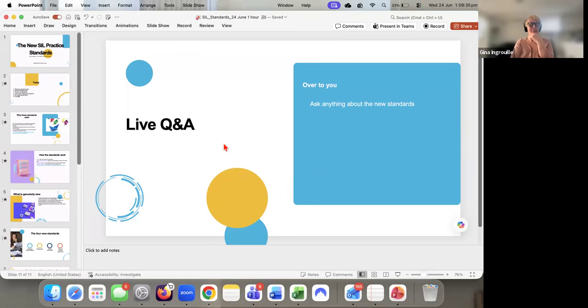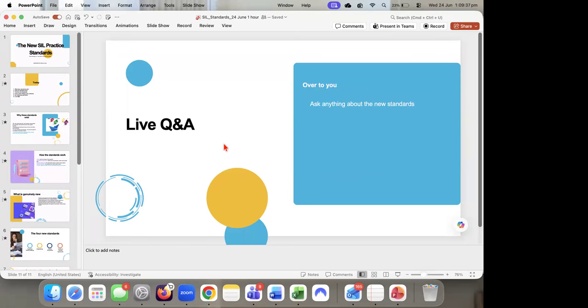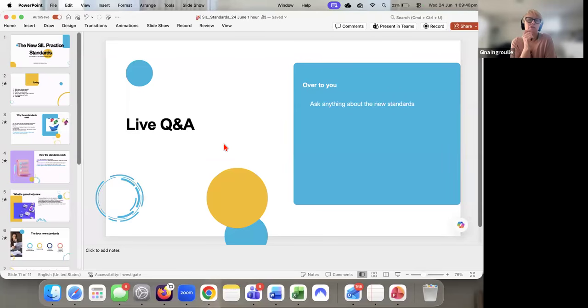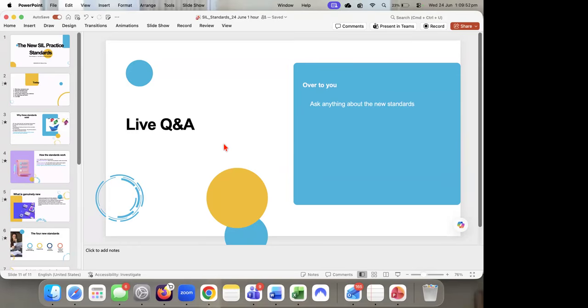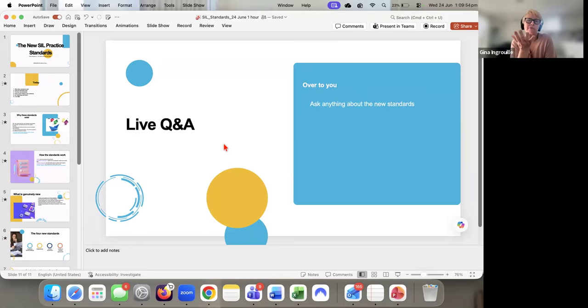Hi. So if somebody is already a registered provider, they don't need to do anything right now. Yeah, we don't need to submit any new policies before 1st of July. If you're a SIL provider, you're either registered or unregistered, your application needs to be in the portal before the 1st of October.